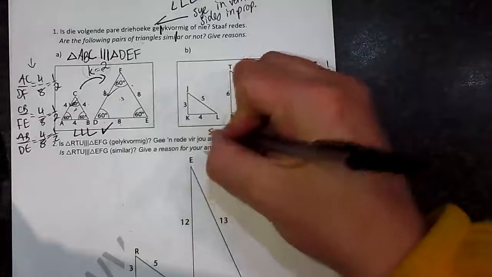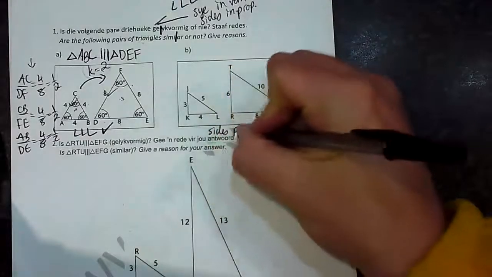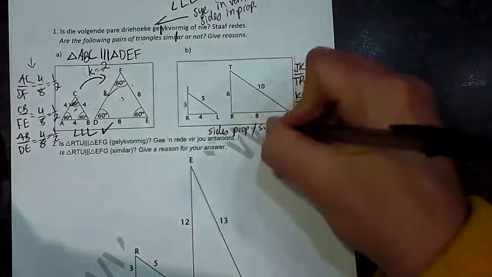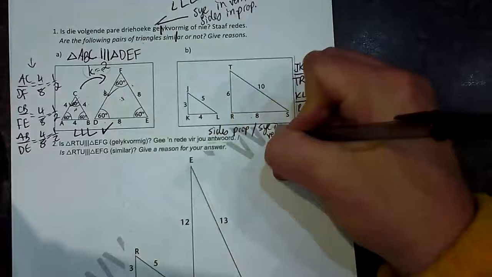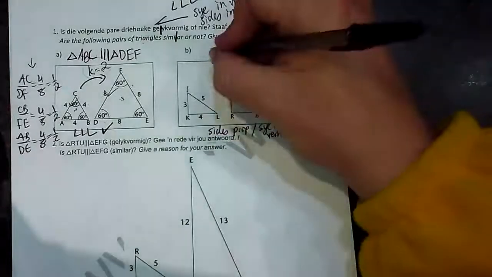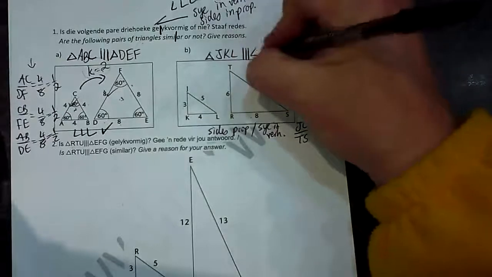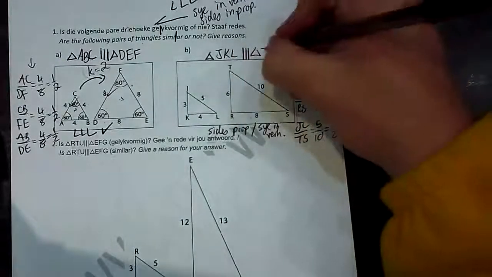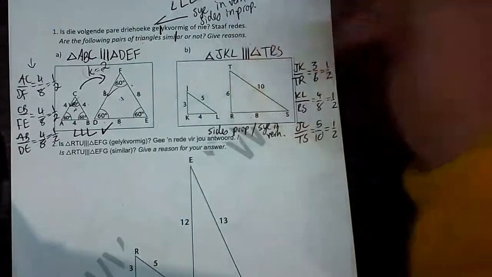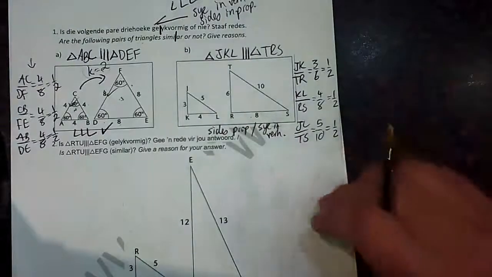Definitely sides in proportion, sye in verhouding, dan sê jy definitief driehoek JKL is gelykvormig aan driehoek TRS. Similar. Sharp, sharp. Okay.